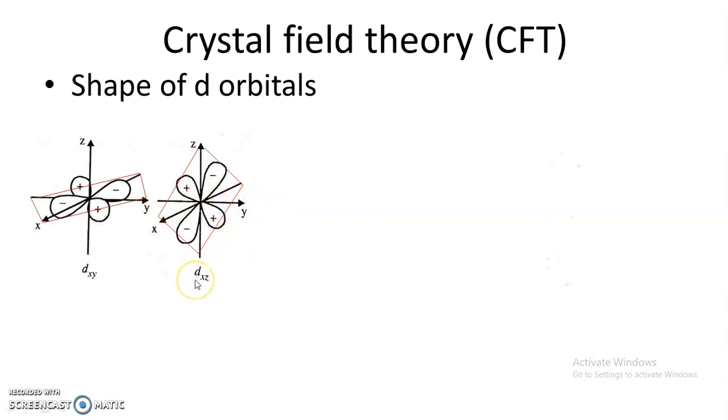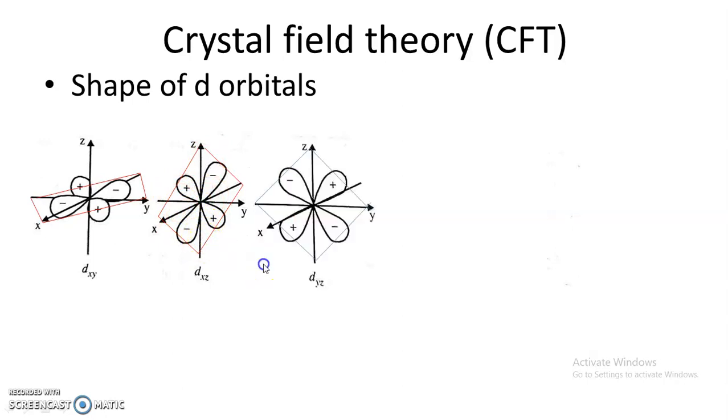In case of the dxz orbital, the 4 lobes are oriented in between the x and z axis, and these lobes are oriented along the xz plane. Opposite lobes have the same sine wave function.